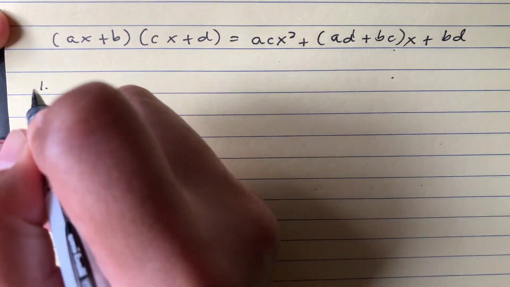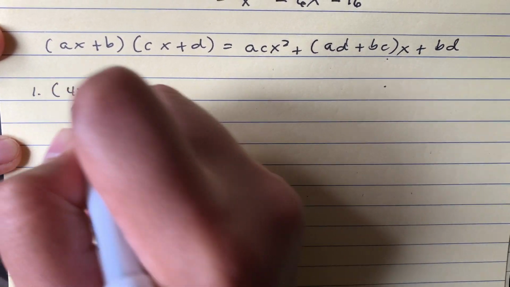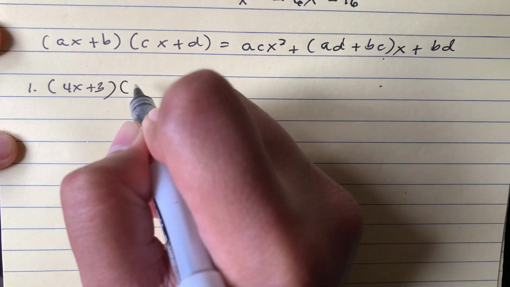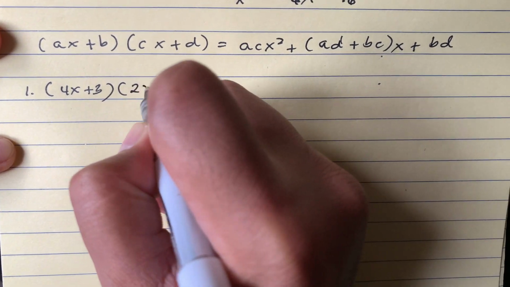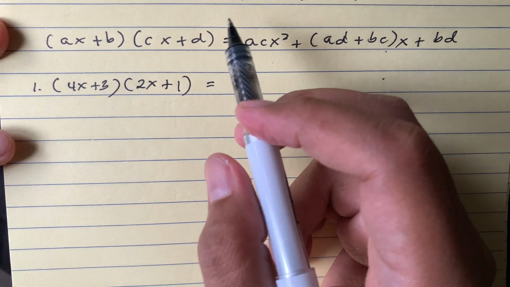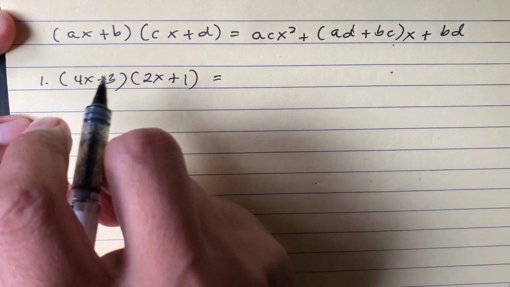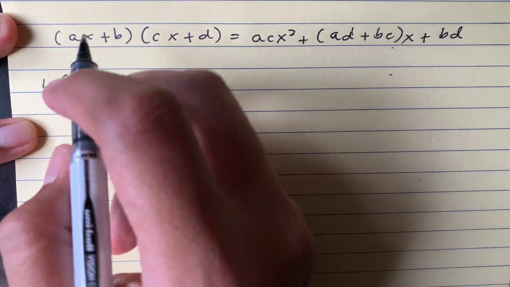Let's say we have this example. 4x plus 3 multiplied by 2x plus 1. So here, our a would be the coefficient of the first term of your first binomial, this is a.